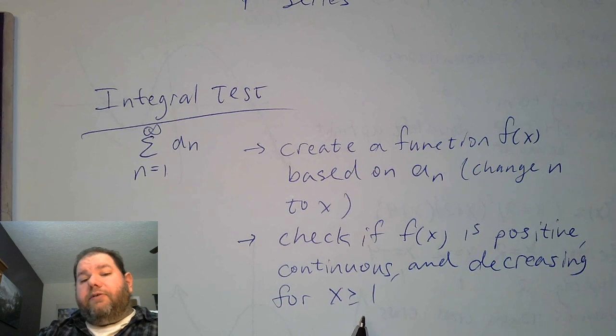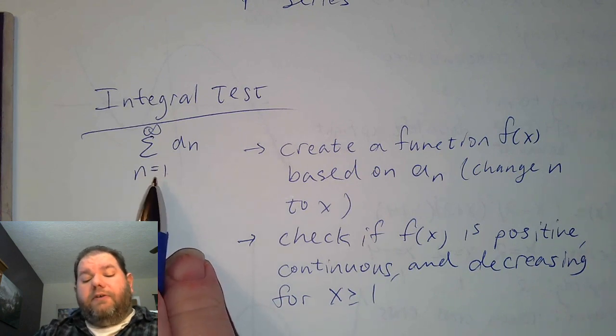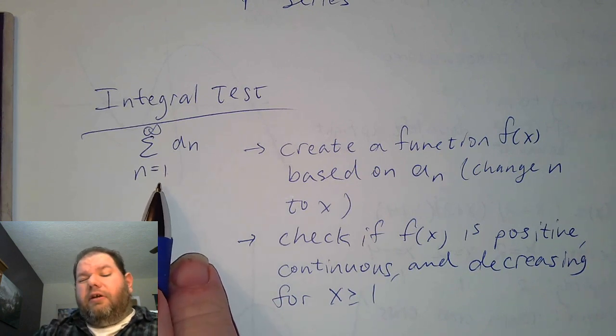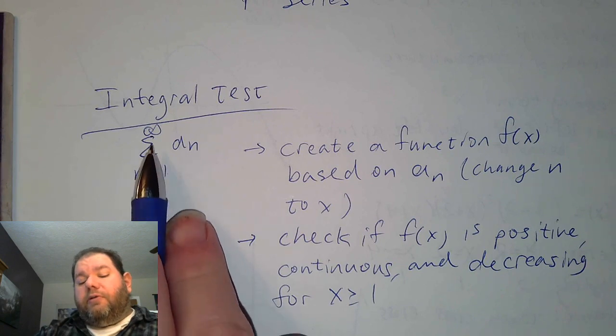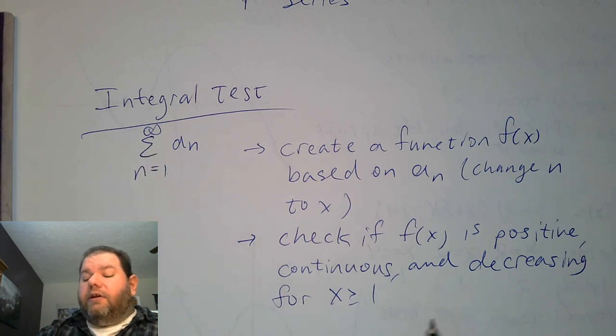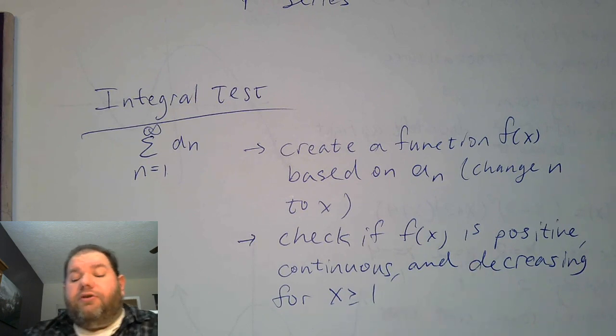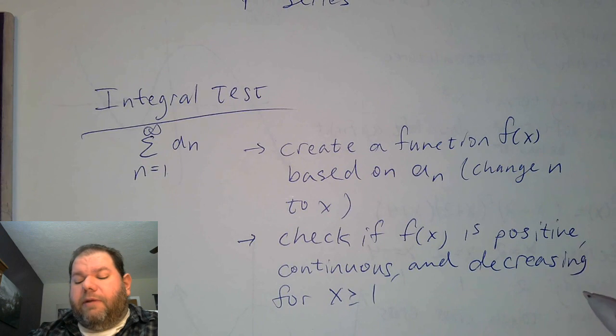Now the reason we say x greater than or equal to 1 is that corresponds to n equals 1 here. So effectively, whatever number this summation starts at, that's the value that we're interested in right here. So it may be that our function is not continuous at a certain point, but that certain point is prior to that first value of the series, and that's acceptable. As long as it's continuous for every value greater than or equal to that number, we're alright, as well as being positive term and decreasing.